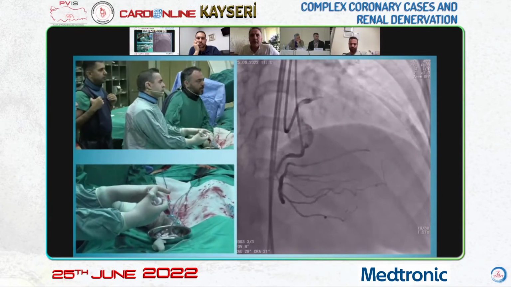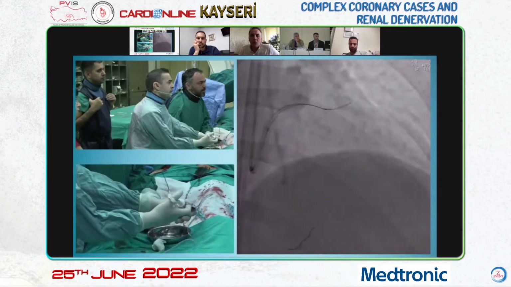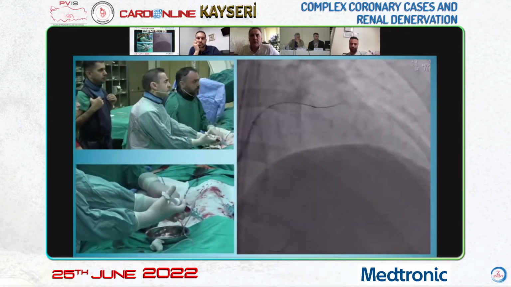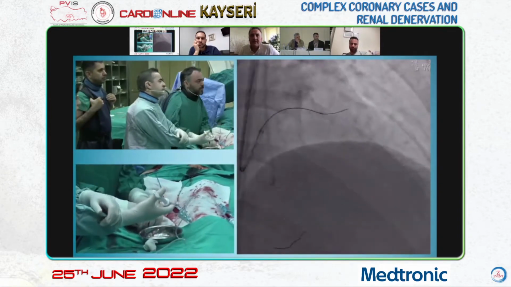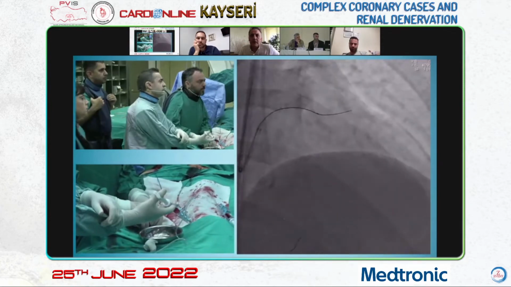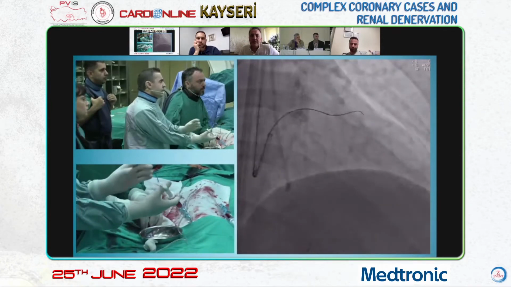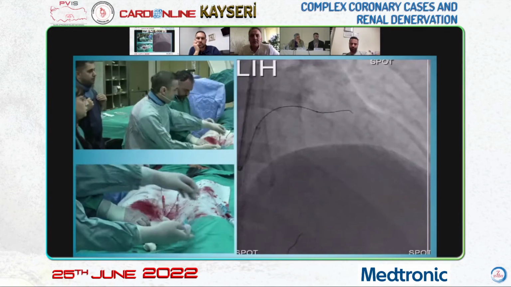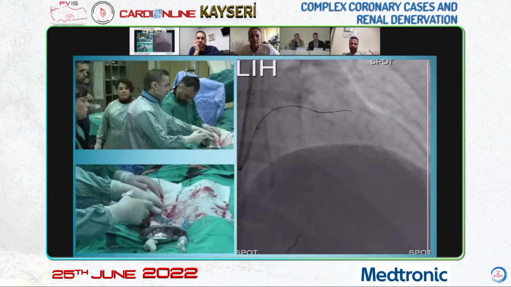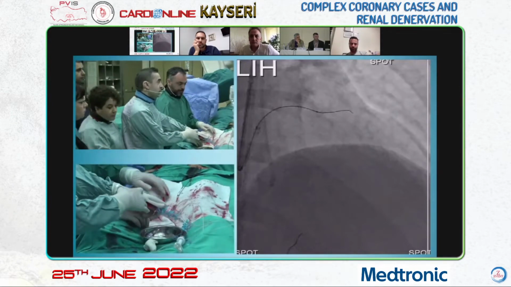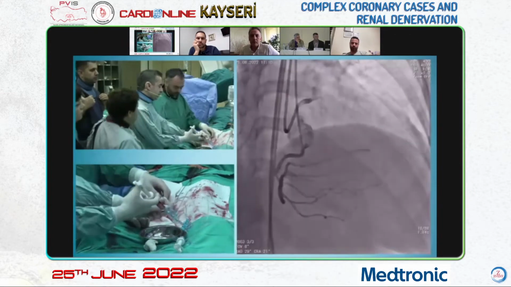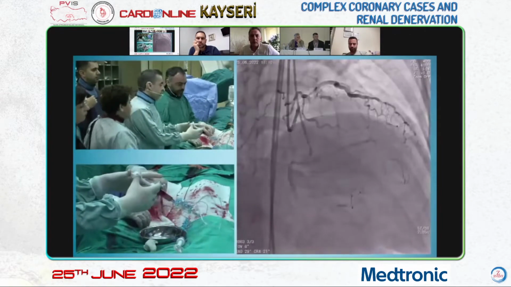Apart from that, for the other wires, Hornet 14 or Pro can be used, and in Conquest, the rigidity of these is similar. Mustafa did the penetration. We would do it retrograde.